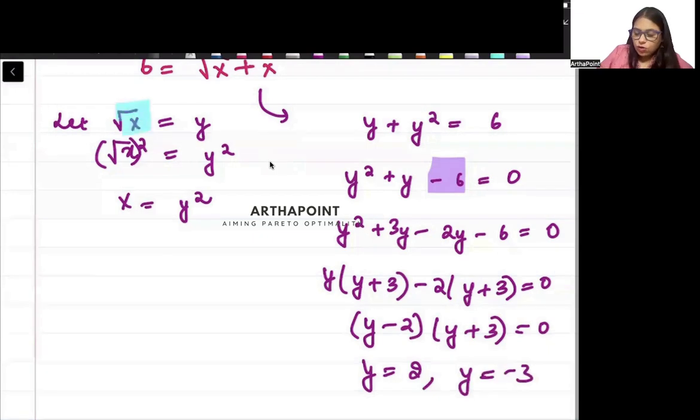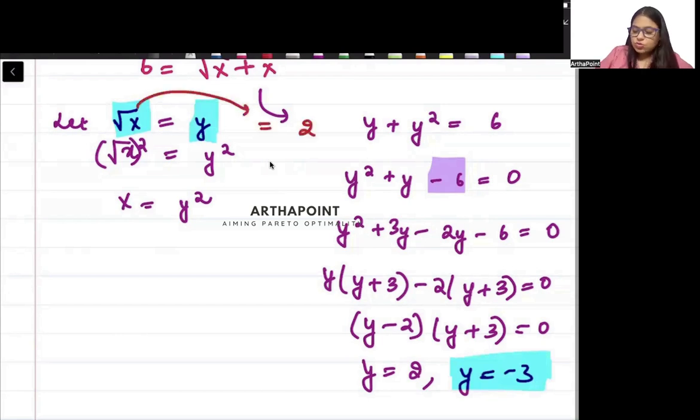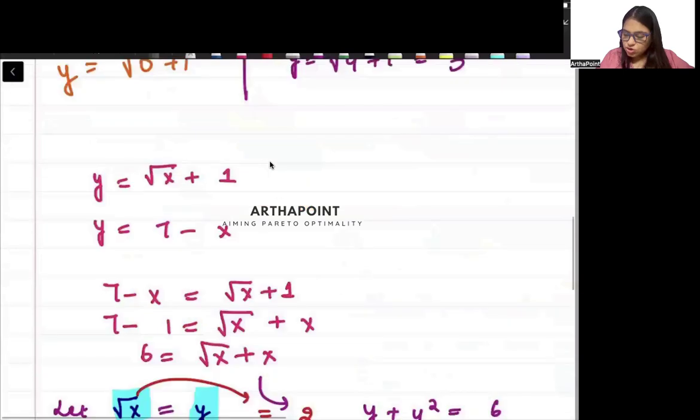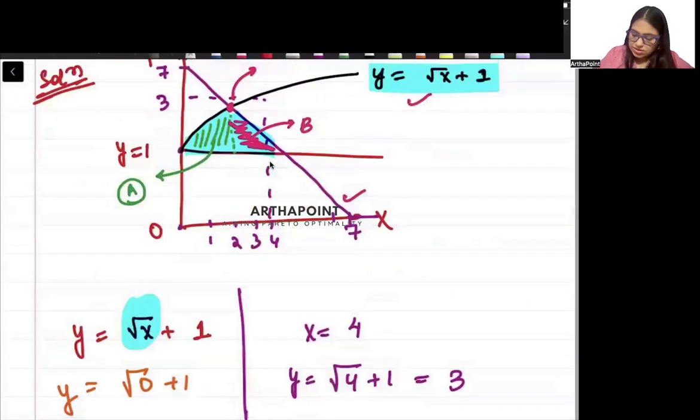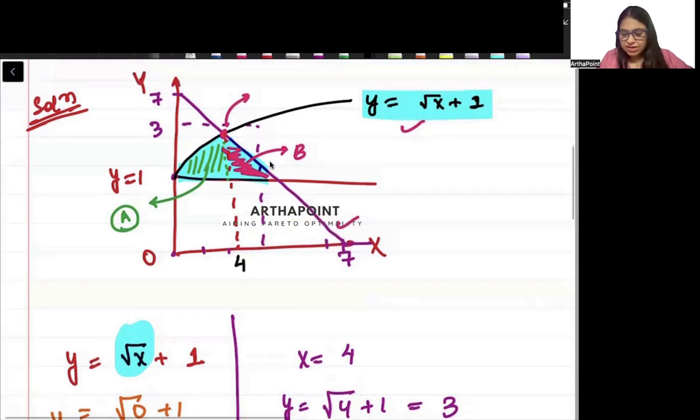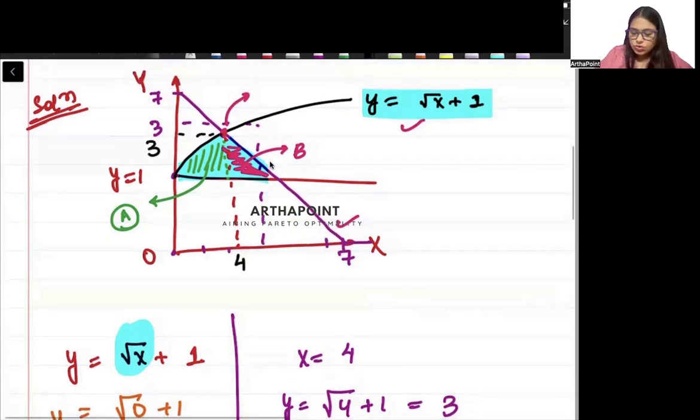Now, under root of something is equal to y, so y cannot be negative. That means root x will be 2, and x will be 2 square, which means 4. So this intersection point is 4. And when x is 4, y will be 3. So here we have 3.